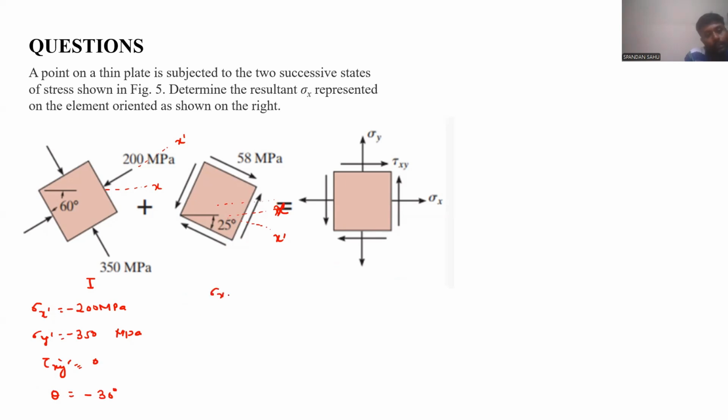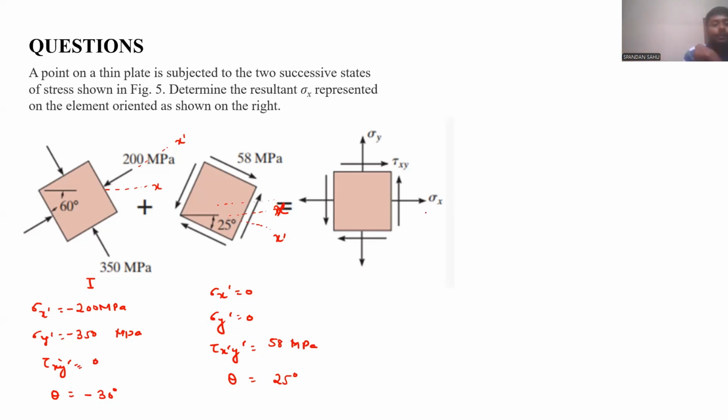And for this case, sigma x prime is 0, sigma y prime is 0, and tau x prime y prime is how much? 58 MPa. And what is the angle theta? 25 degree. We just have to use those three equations whose derivation has been done.